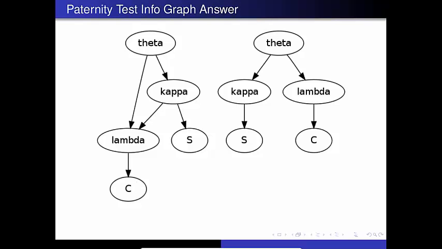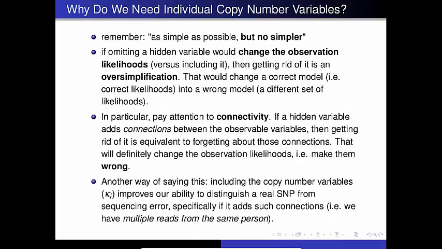So connectivity of our observables is a key criterion for thinking about what is truly required. You can't get rid of it because it represents how the data are going to behave, how they're connected to each other. Okay? Any questions about this connectivity issue and how it drives your choices about modeling?